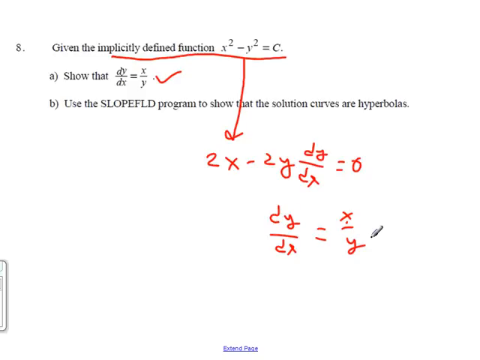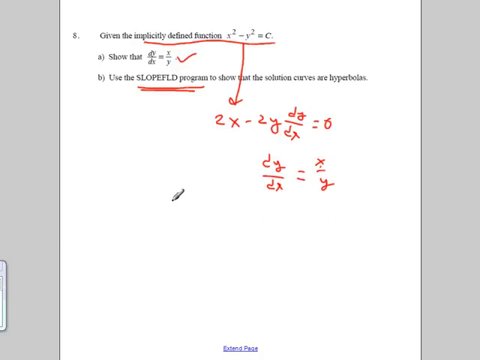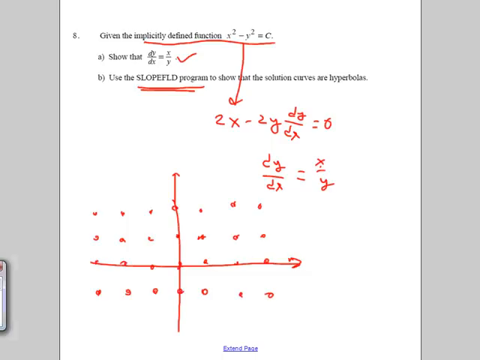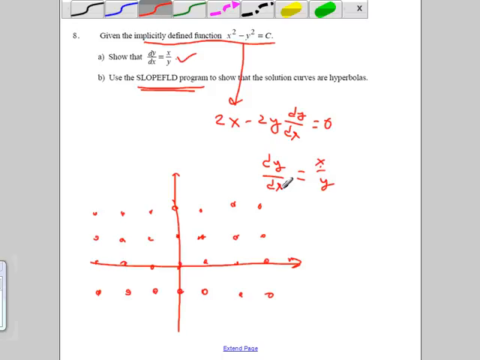Okay, well, what is that going to look like? It asks to use the slope field program, but I don't want to use the program. I want to get a sense of what this looks like, just sketching it quickly by hand. So if I fill in a couple of these points, when y is 0, it's going to be undefined.